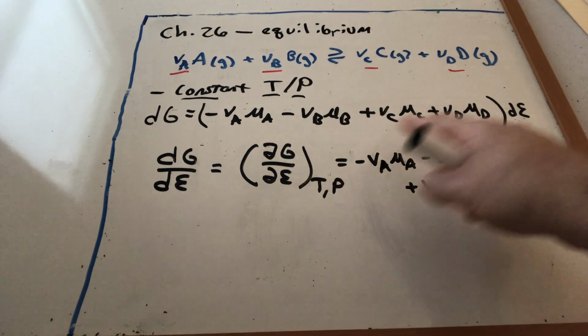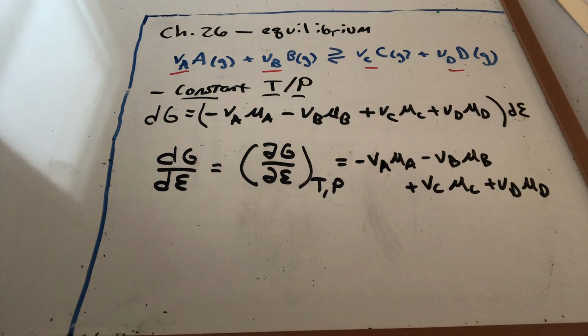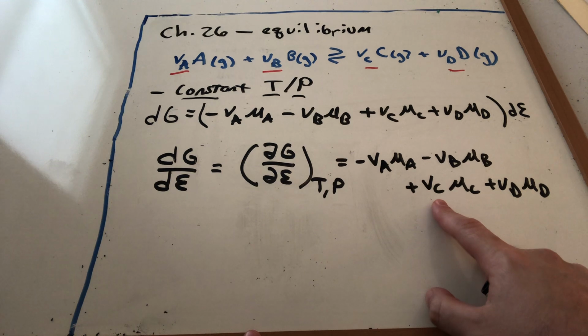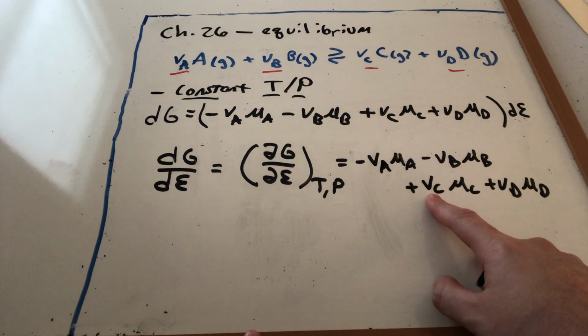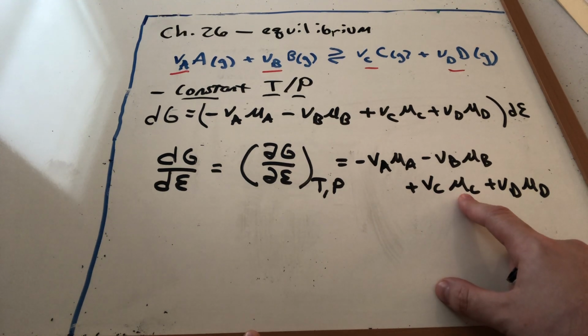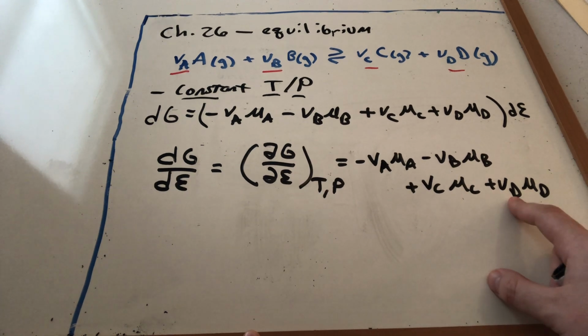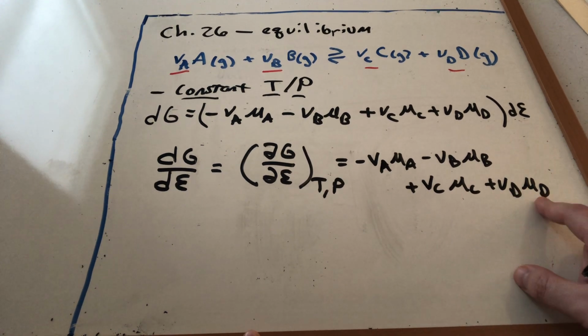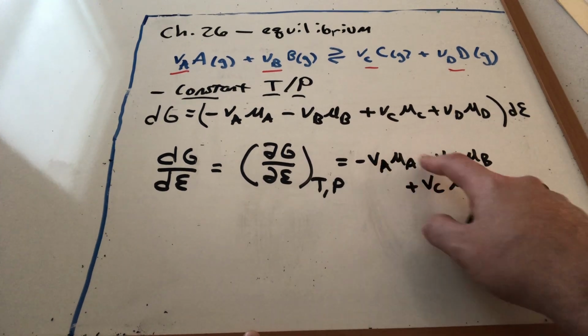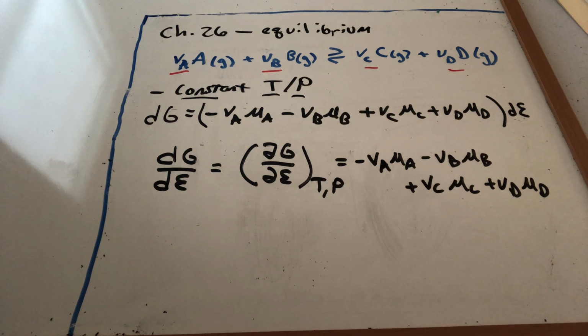And on this side, it's kind of interesting. We get something that's sort of familiar. This should sound familiar, right? Stoichiometric coefficient of the product times the molar Gibbs energy of the product plus stoichiometric coefficient of a product times its molar Gibbs energy, minus the same things but for reactants.